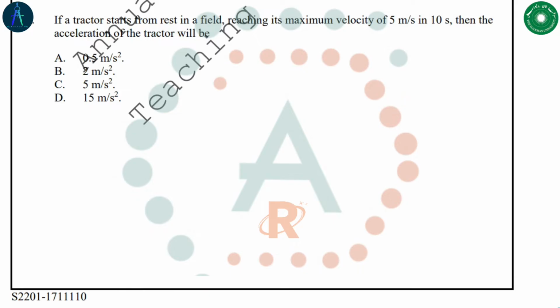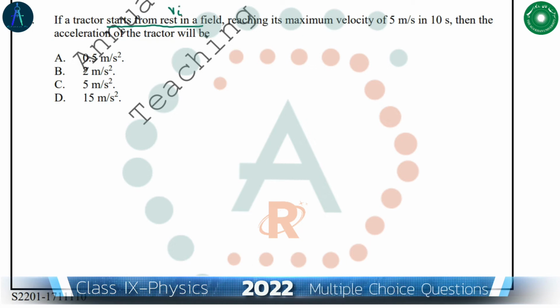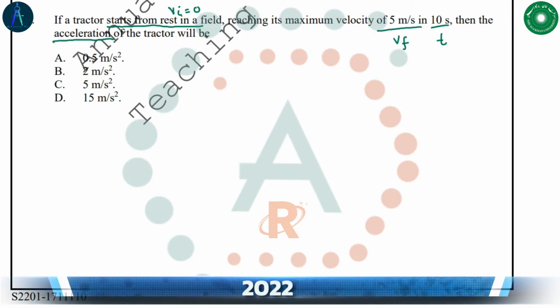Now we have question number 5. If a tractor starts from rest, this means its initial velocity is equal to 0. Reaching its maximum velocity of 5 meters per second, that is the final velocity, and the time taken in this change in velocity is 10 seconds. We have to find the acceleration of the tractor.